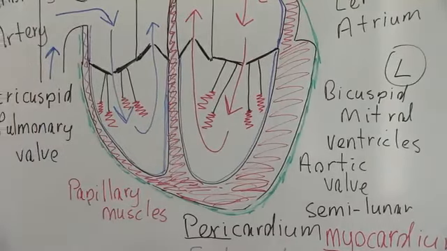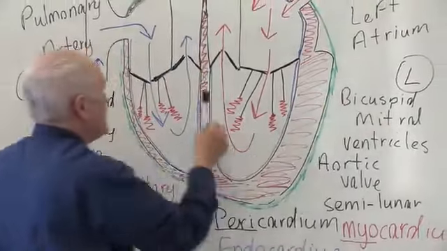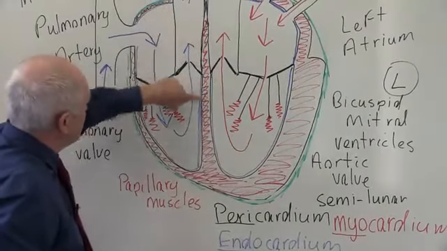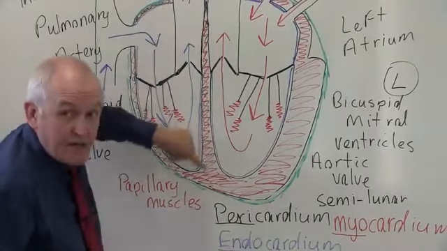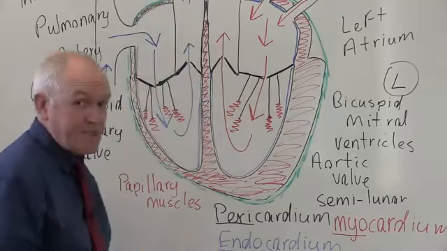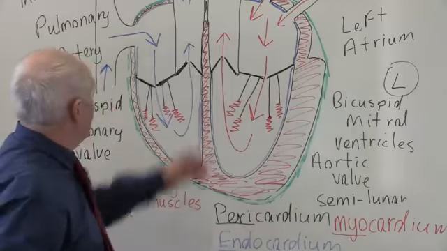So what we see is that the heart is in two sides, the left side and the right side. And this structure separates the two sides. Now, a structure in anatomy which separates is called a septum. And of course, this is the heart.